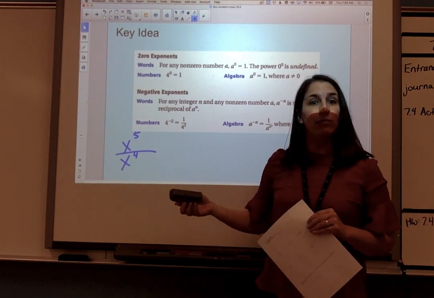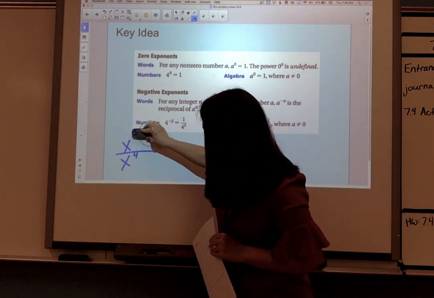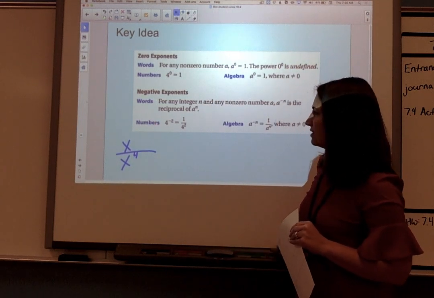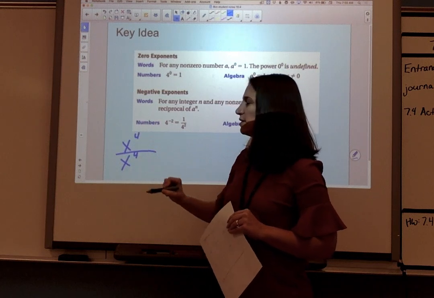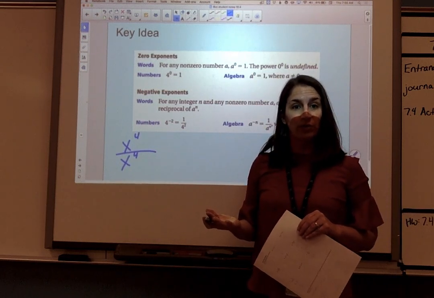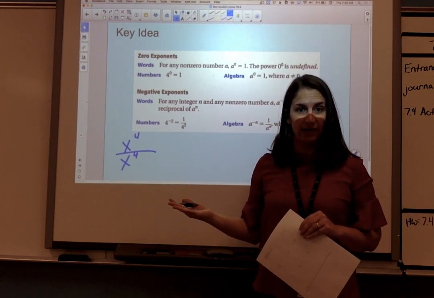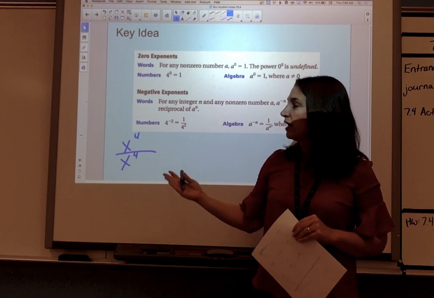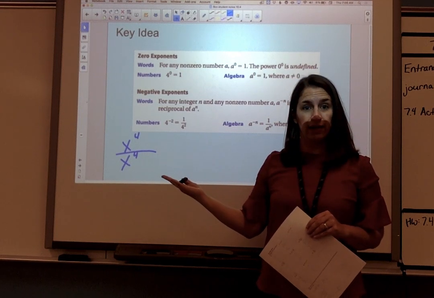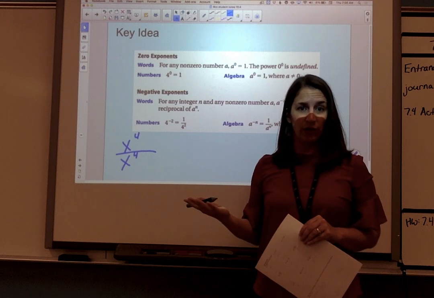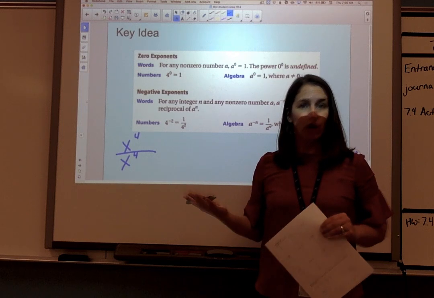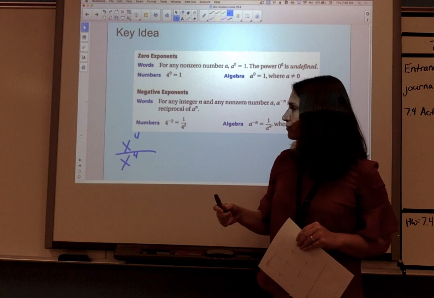If we have the same number in both the numerator and the denominator, so let's say x to the 4th power over x to the 4th power, based on the quotient of power property, that would be x to the 0th power, which is 1. And we can also tell by looking at this that if we have the same thing in both the numerator and the denominator, our quotient would be 1.